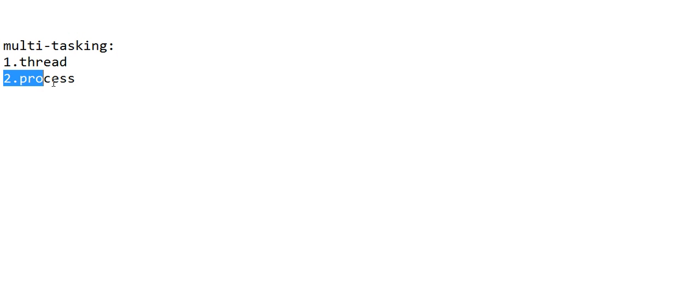Process based multitasking means the ability to do one or more processes at the same time. For example, if you write a program in the notepad and simultaneously you are listening to songs, that means you are doing two tasks at a time.